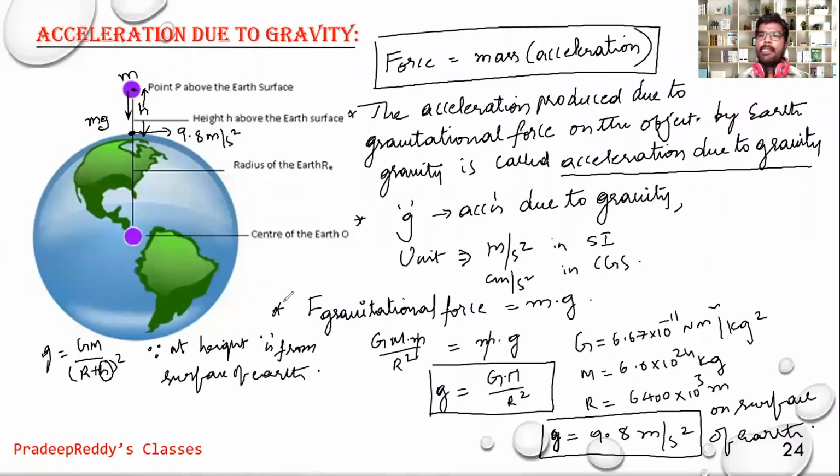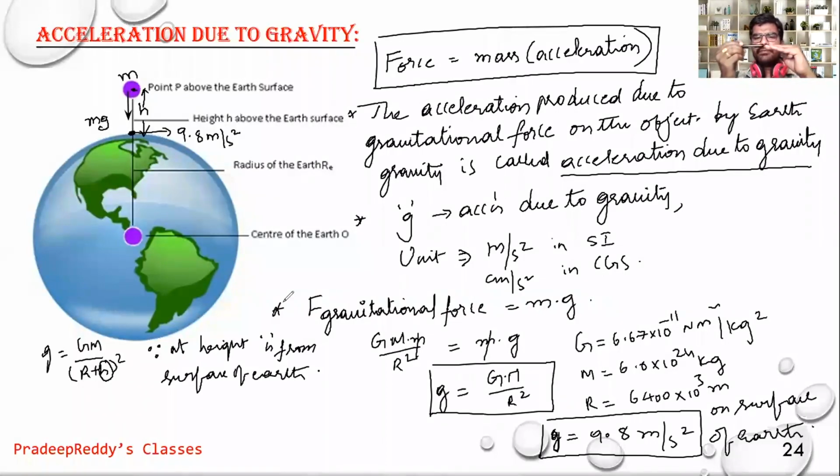Therefore, remember, the acceleration due to gravity value is not fixed. Only on the surface of the earth it's nearly 9.8 meter per second square. You can take it as constant. But if you go to higher altitudes, nearly 100 kilometer, 200 kilometer, 500 kilometer from the surface of the earth, the value of acceleration due to gravity decreases. 9.8 becomes 9.7, 9.6, 9.5, 9.4, 9.3, and at a certain height it may become 9.